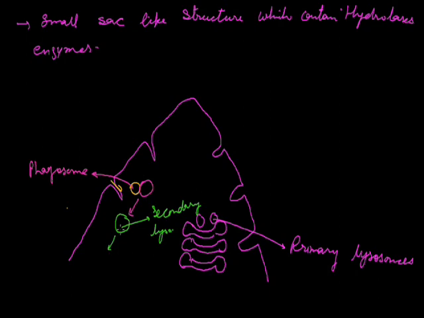Here the nutrients of phagosome are released into cytoplasm with the help of diffusion, and again a body forms which is known as residual body. It contains only undigested part of phagosome, which is released further by exocytosis.